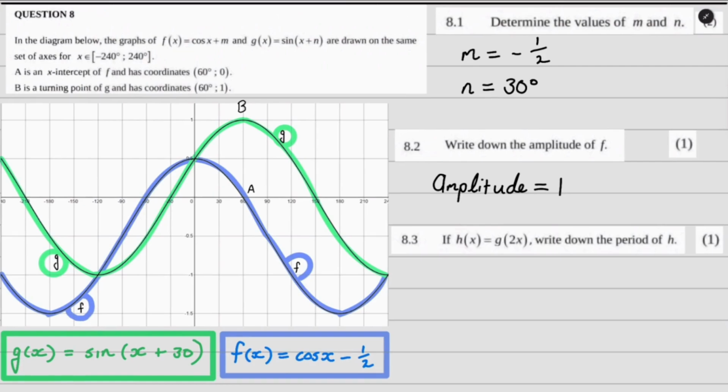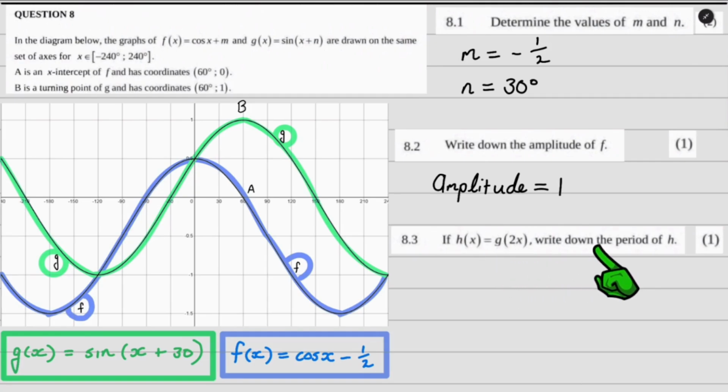The next question asks me to write down the period of h. If they say write down, it means that there's no working out that needs to be shown, you simply write down the answer. I'm going to do a bit of working out to explain how you do it, and then we'll list the answer at the end. Okay, so h of x is a completely new function, and it's g of 2x.